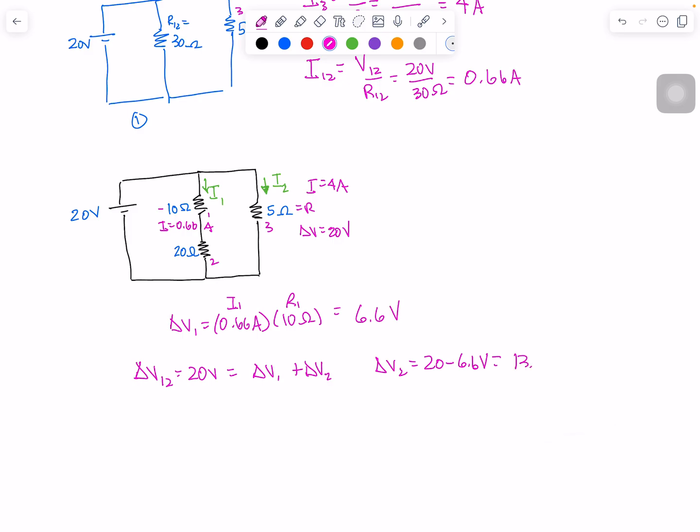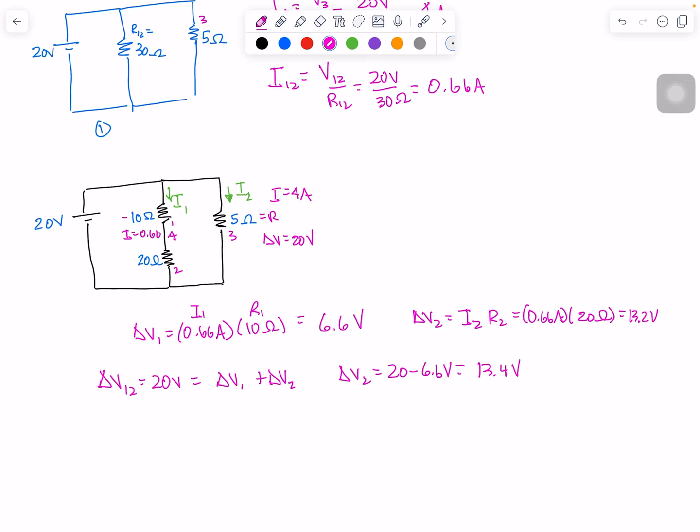So this is 13.4 volts, or I can just calculate it the way I did before. Delta V2 is equal to I2 R2, and so that is 0.66 amps times 20 ohms. And that gives me, when I calculated it, 13.2. We were rounding, so a few decimal places off is not going to be a problem.